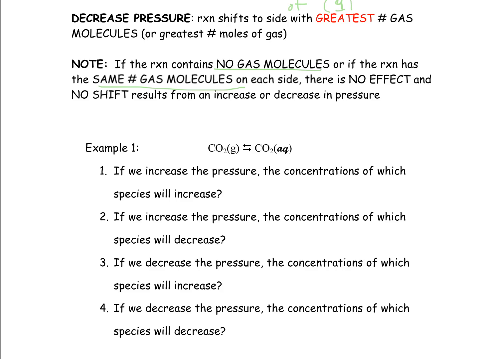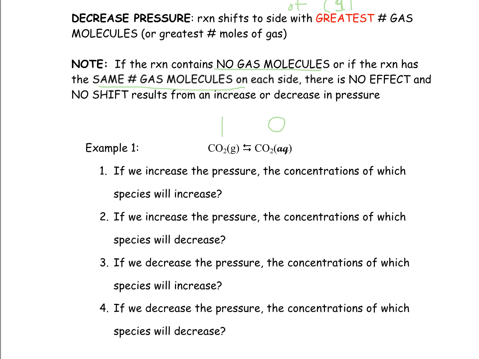So I have this equation here. CO2 gas going to CO2 aqueous. If we increase the pressure, the concentration of which species will increase? Well, over here I have 1 mole of gas. Over here I have 0 moles of gas. So we increase the pressure. Well, these guys are going to hit each other more and more and more often.